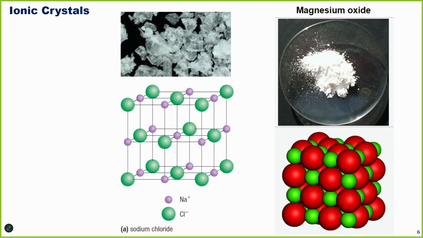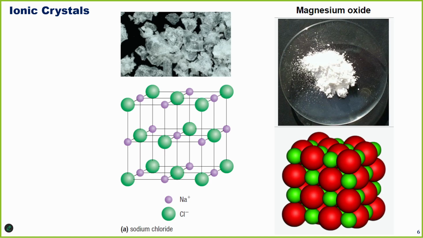For example, sodium chloride is a hard, brittle solid. When it's dissolved in water, the solution conducts electricity, but solid sodium chloride does not conduct electricity. Ionic crystals tend to have high melting points.